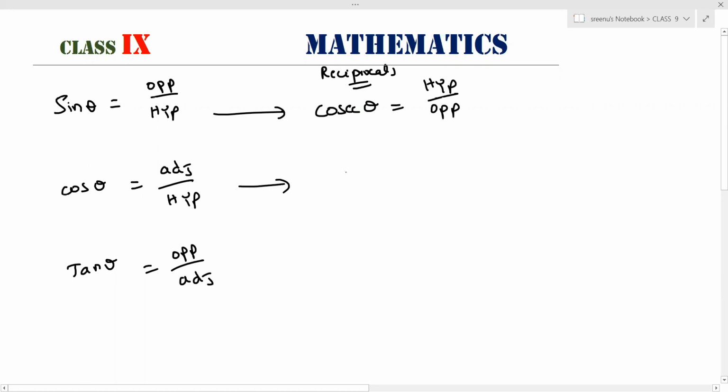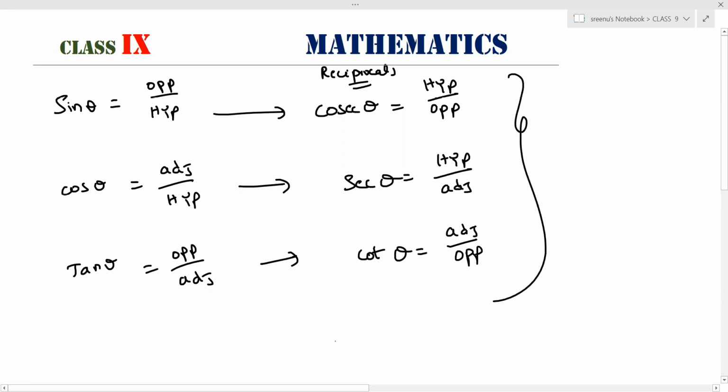The reciprocal of cos is secant, sec. And the reciprocal of tan is cot, cotangent: adjacent by opposite. Now, we have defined 6 trigonometric ratios in total.